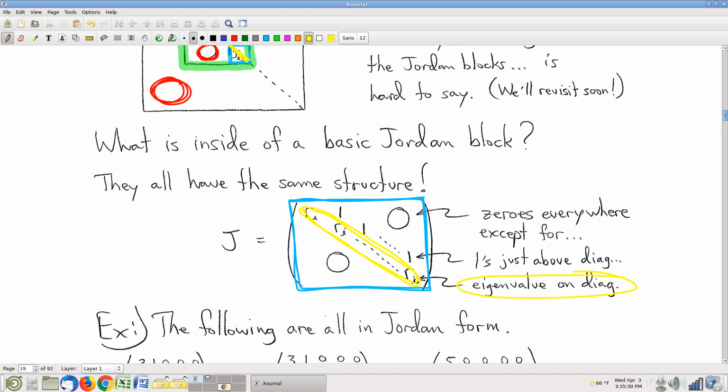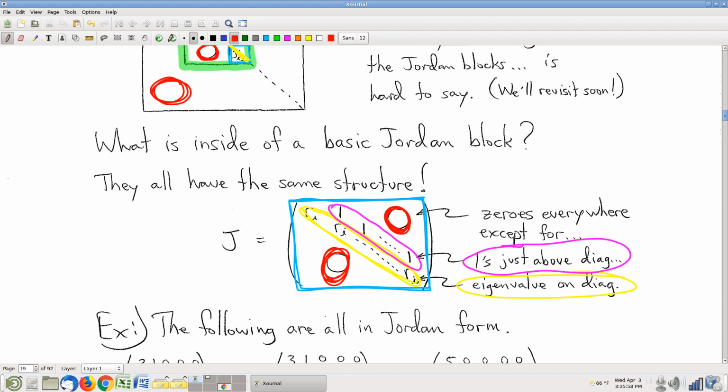They're mostly zeros everywhere else inside of a basic Jordan block. The only other non-zero entries are these ones just above the diagonal. All zeros everywhere else. All zeros below the diagonal. All zeros above, just above the diagonal.